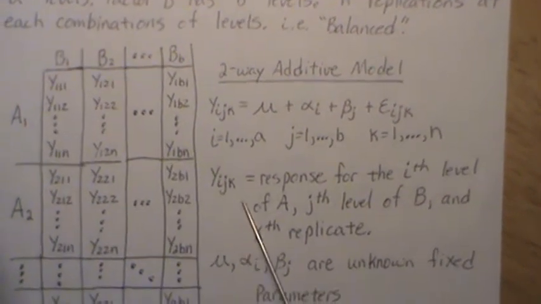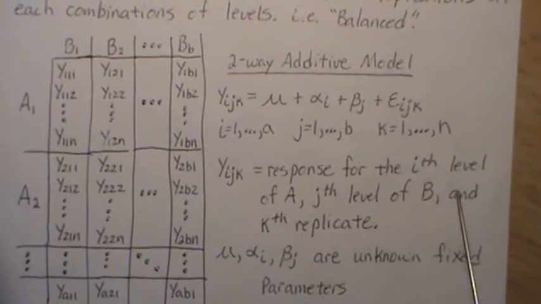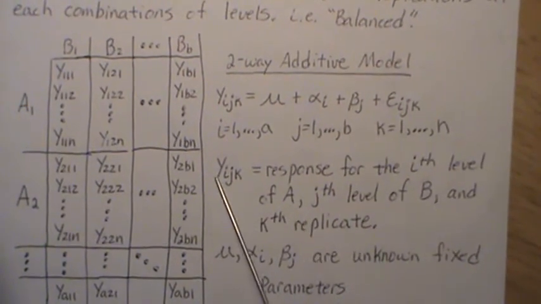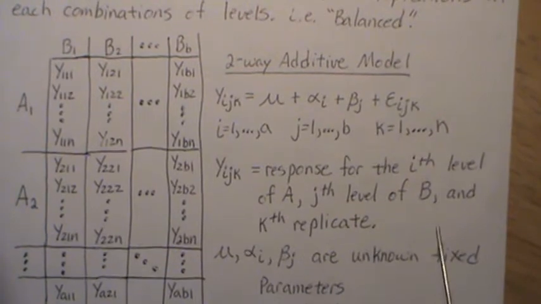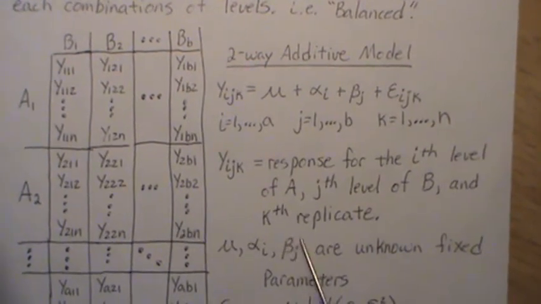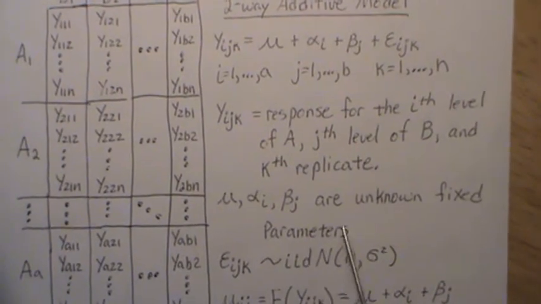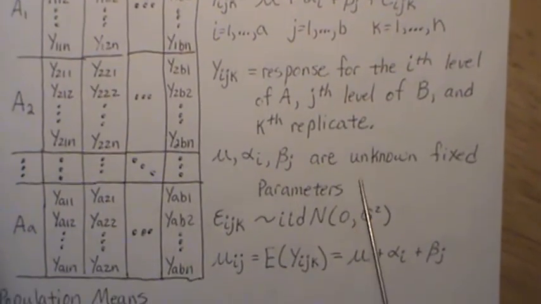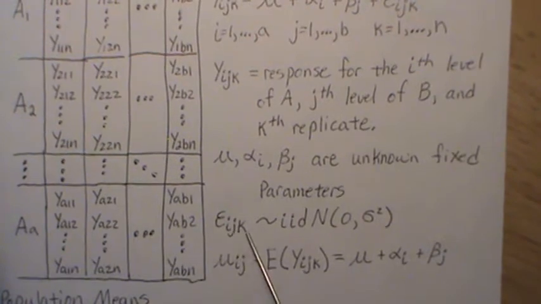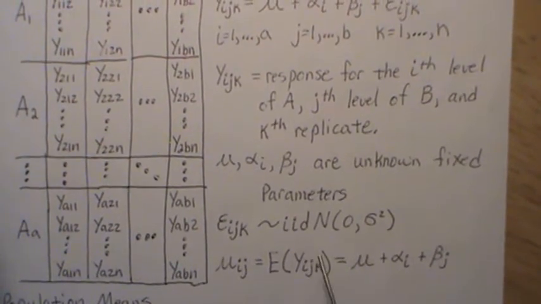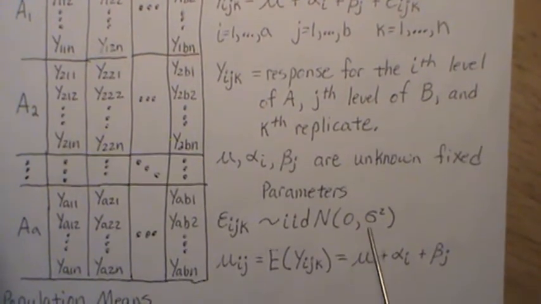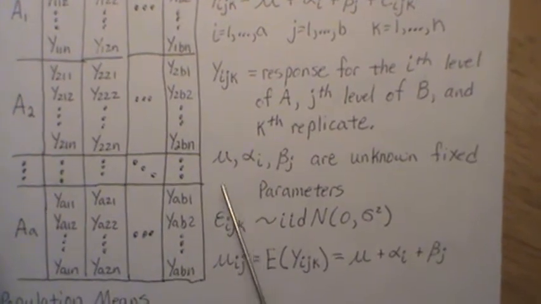So Y_ijk equals the response for the ith level of A, the jth level of B, and the kth replicate. Mu, alphas, and betas are unknown fixed parameters, at least for now. Epsilon, the error term, is IID normal, mean zero, constant variance sigma squared.